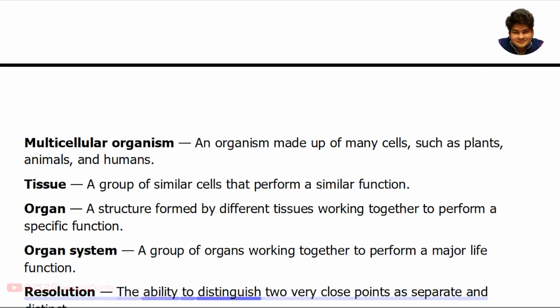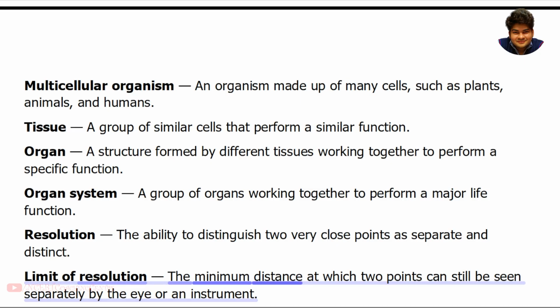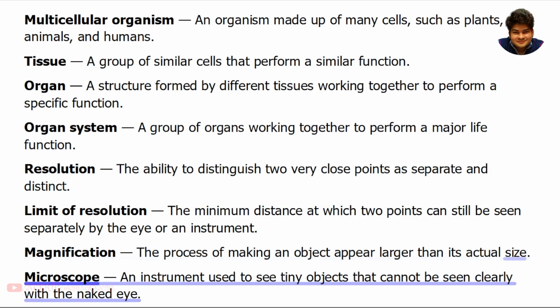Resolution, the ability to distinguish two very close points as separate and distinct. Limit of resolution, the minimum distance at which 2 points can still be seen separately by the eye or an instrument. Magnification, the process of making an object appear larger than its actual size. Microscope, an instrument used to see tiny objects that cannot be seen clearly with the naked eye.